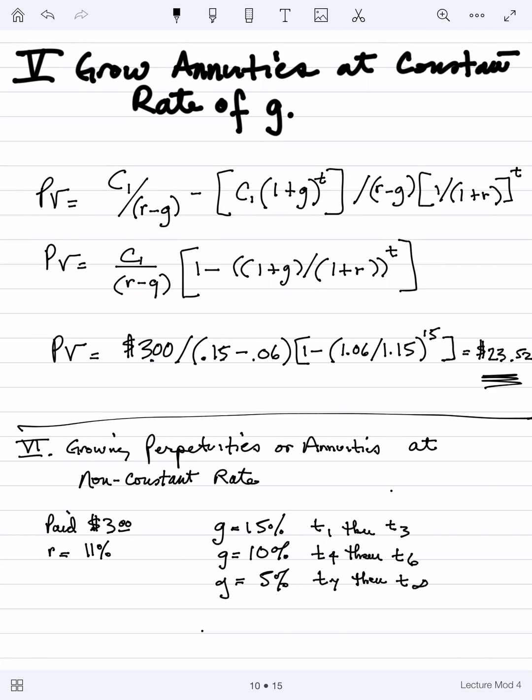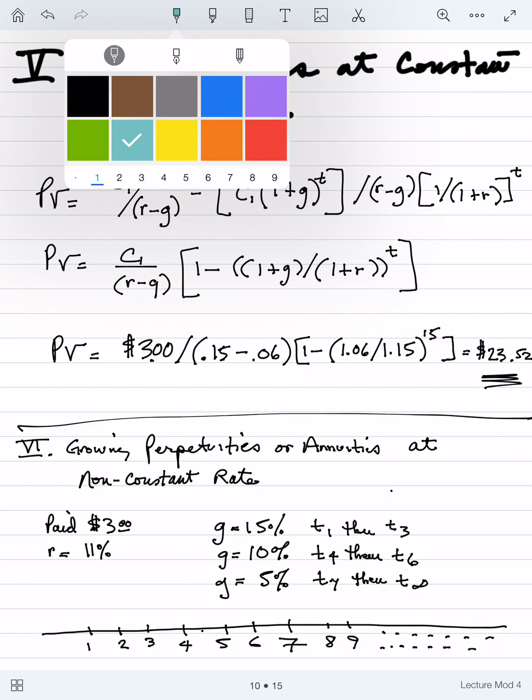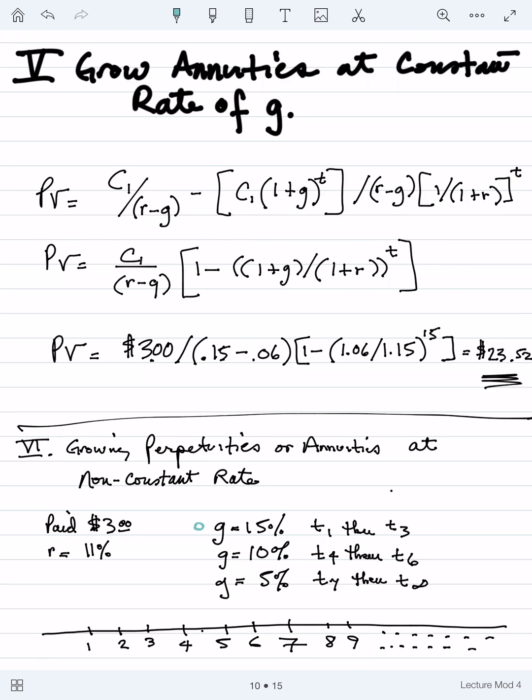With this one, you'd want to draw a cash flow diagram so that you can keep things properly in order. Here are the time periods on our timeline, 8 and thereafter 9. It just keeps going and going. So we have a growth rate in time periods 1, 2, and 3.